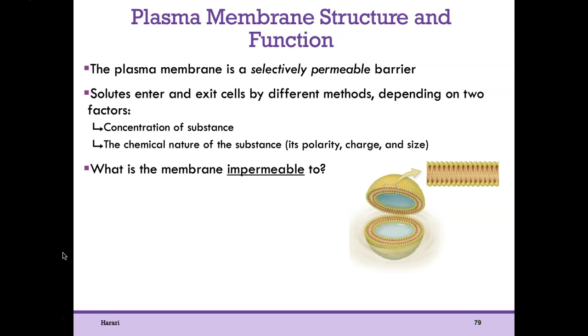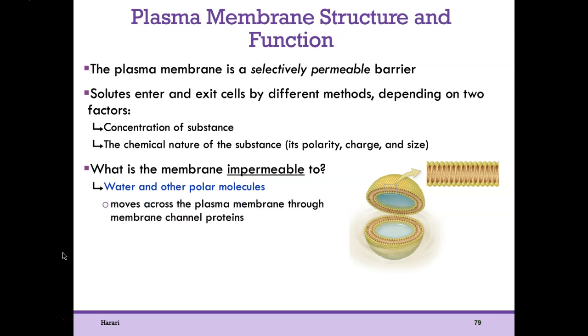What is the membrane impermeable to? Meaning, what cannot cross the membrane? Water and polar molecules cannot cross very easily. They need help from other proteins. Some water can sneak through, and some small polar molecules can cut through, but for the most part, water and polar molecules are prevented from crossing.